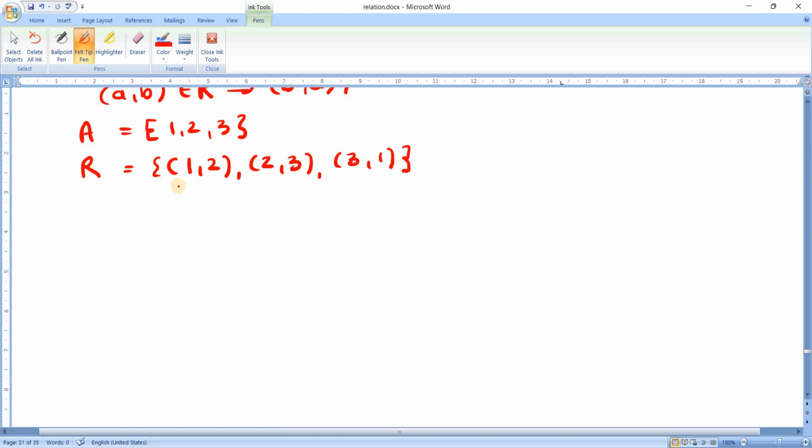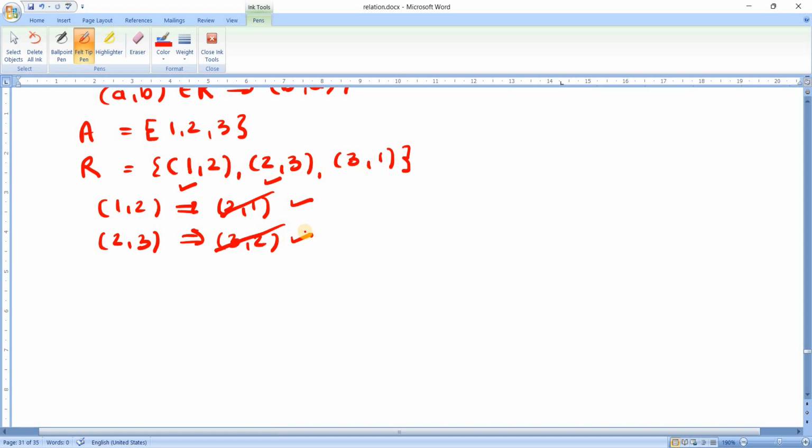We will check for each ordered pair. For (1, 2), we should not have (2, 1), and we can see there is no (2, 1) in this relation, so this condition is true. The next ordered pair is (2, 3). We should not have (3, 2), and we do not have even (3, 2), so this condition is also true.